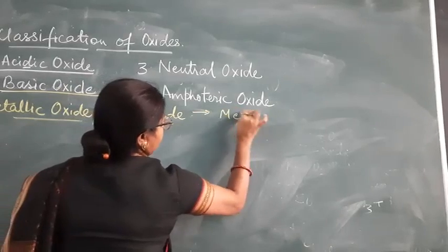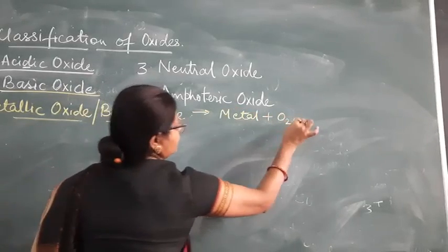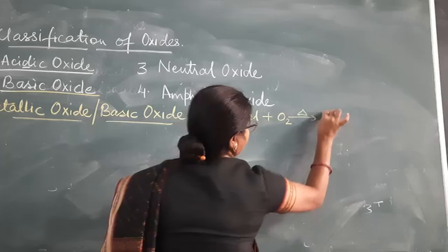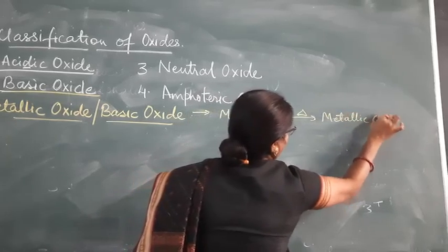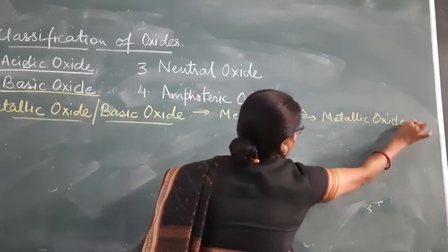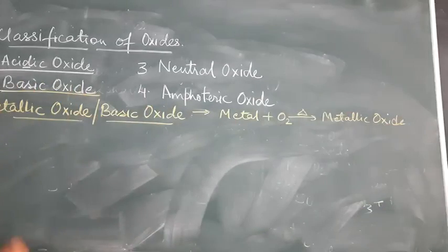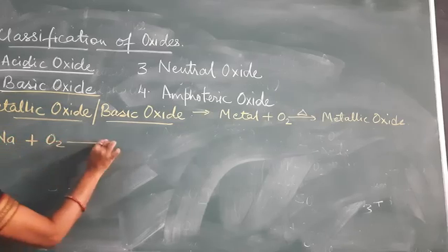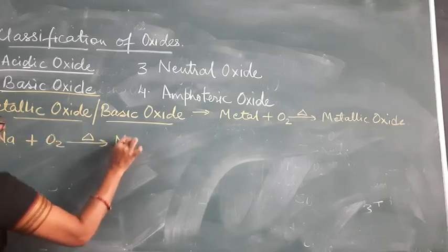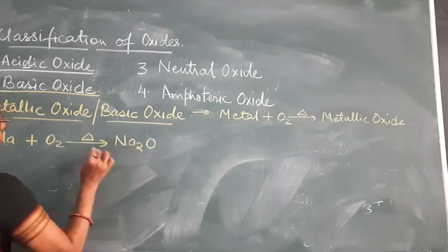Metal plus oxygen on heating forms a metallic oxide or basic oxide. As sodium metal reacts with oxygen, it will form sodium oxide, Na2O.